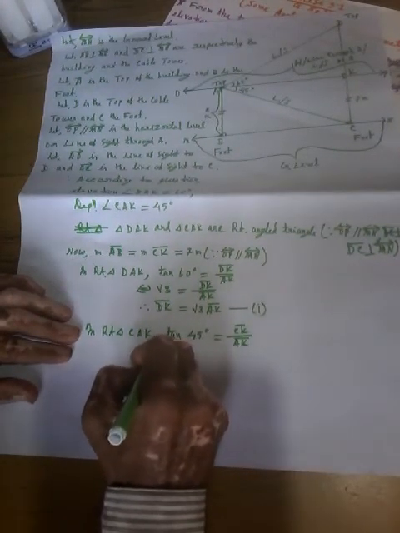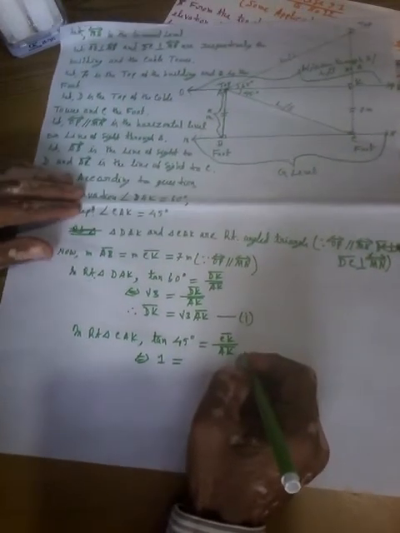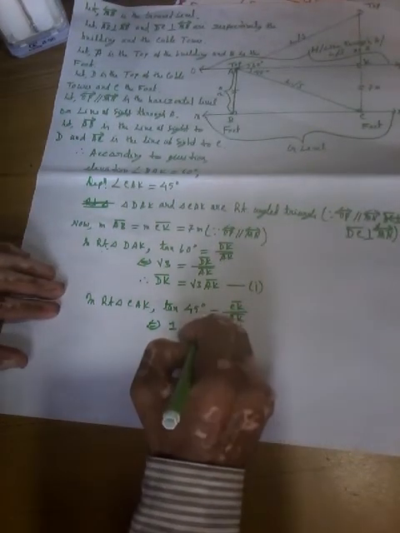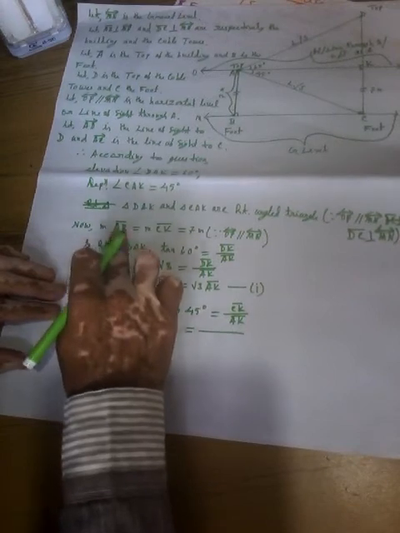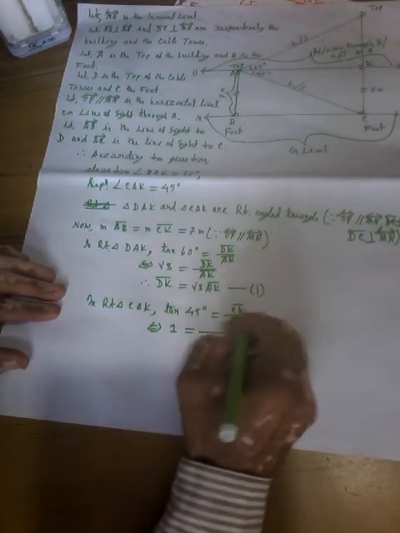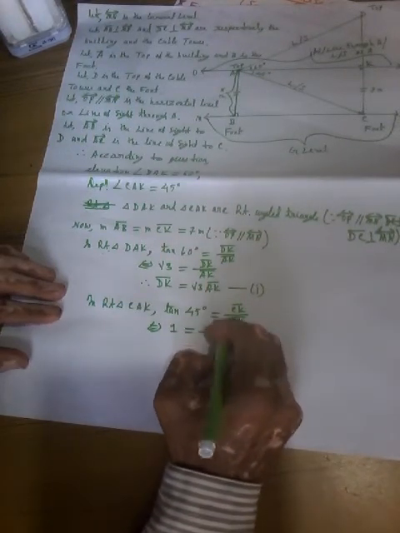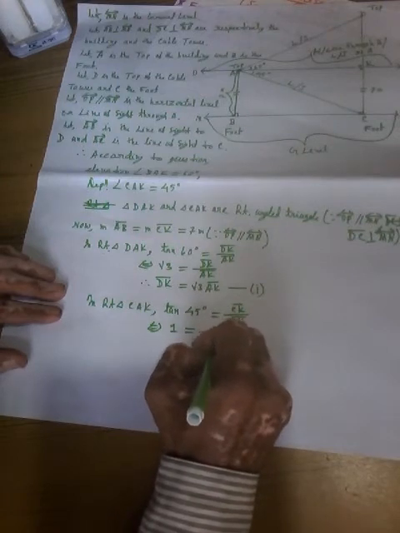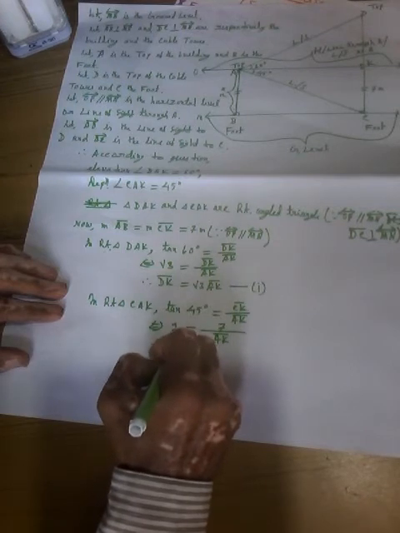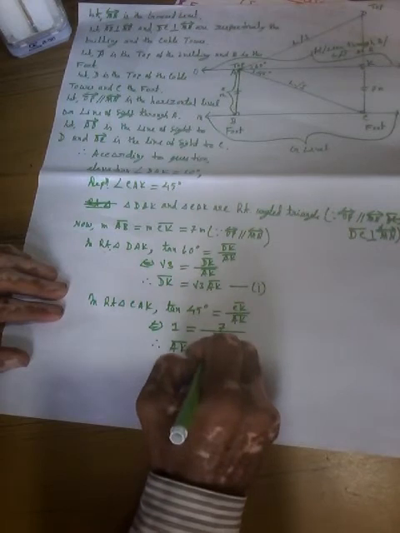This again implies tan 45 degrees is equal to 1 equals CK by AK. Measure of AB is equal to measure of CK is equal to 7 meters. So in place of CK we will write 7 here by AK. Therefore AK is equal to 7.